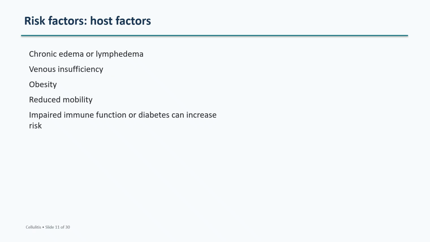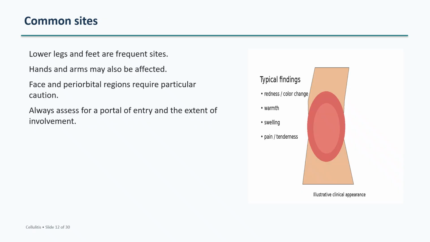Chronic edema, or if the patient is suffering with lymphadenopathy, or if the patient has venous insufficiency because of some reason, the patient is obese, the patient has a lifestyle of reduced mobility, or the patient has impaired immune function, or diabetes, that can also lead to cellulitis. Mostly diabetic patients have the complaints of cellulitis and develop the disease.